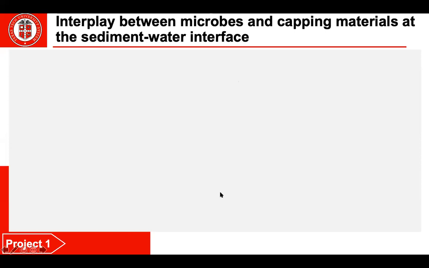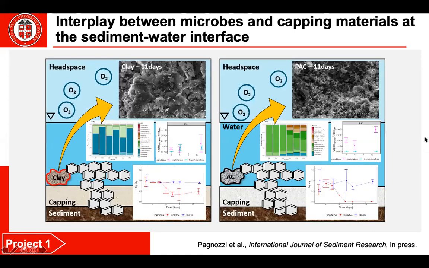So looking at oxic systems, in this case, we were evaluating a number of different capping materials. We picked the 3 most common: activated carbons, clays, and sands. Most of the data that I'm going to be showing in this portion had to do with the activated carbon and the clays, both of which are absorptive.